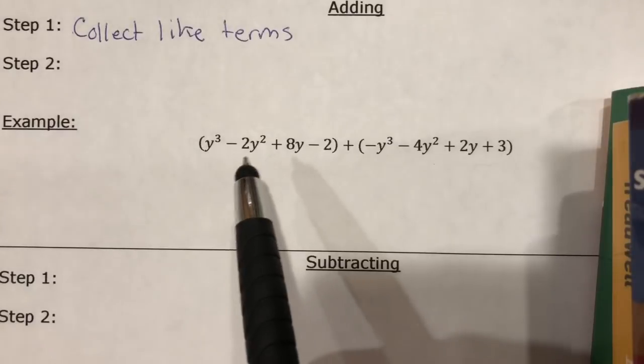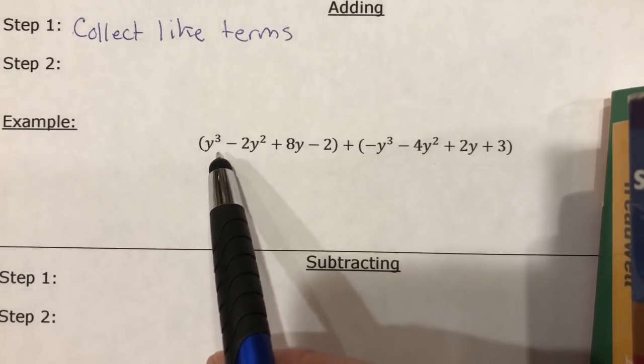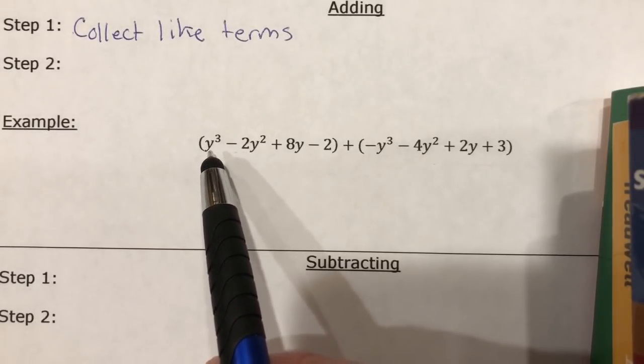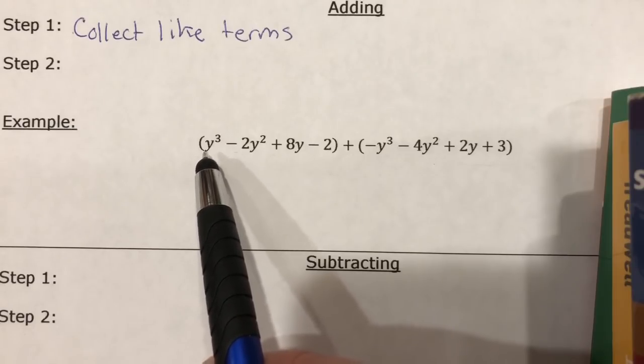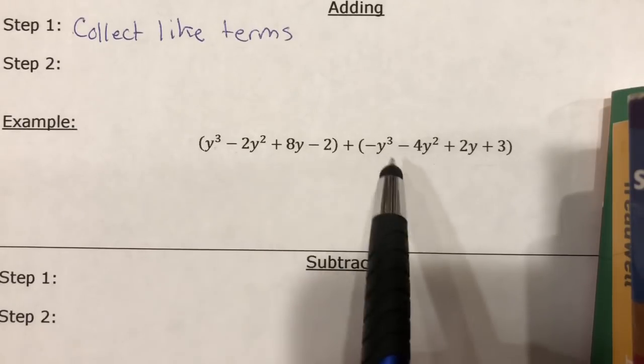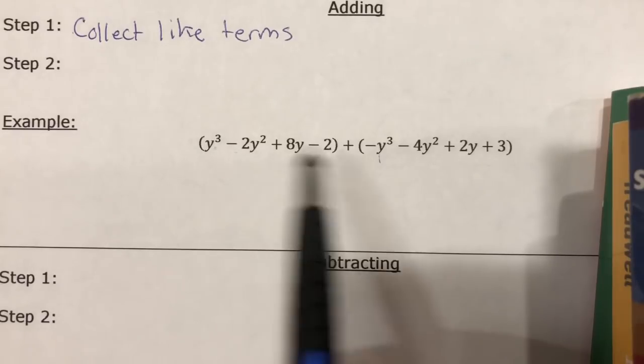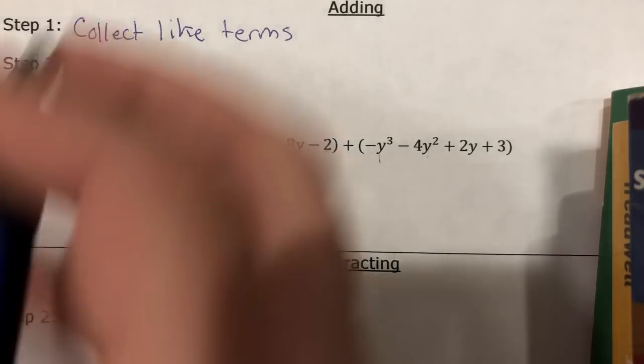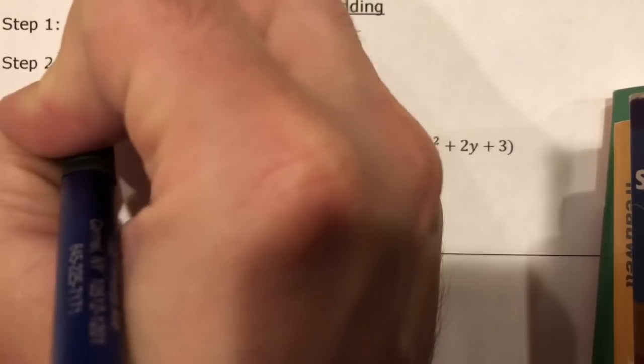And like terms in this case will be the same variable, but we're not used to seeing this with the exponents, but they also have to have the same exponent. So you want like the y cubes to be together, the y squared, and then you want to combine like terms to simplify.